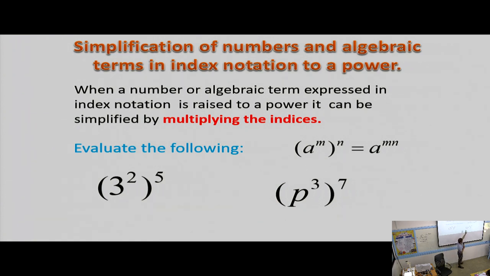If you have a to the power of m to the power of n, you are going to multiply the exponent. This is what you call raising a power to a power, meaning there are two exponents. We're going to multiply the exponents. So a to the power of m to the power of n is equal to a to the power of m times n.